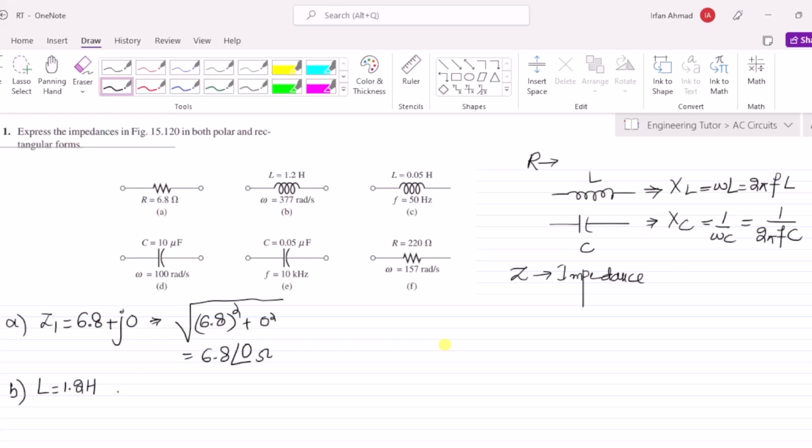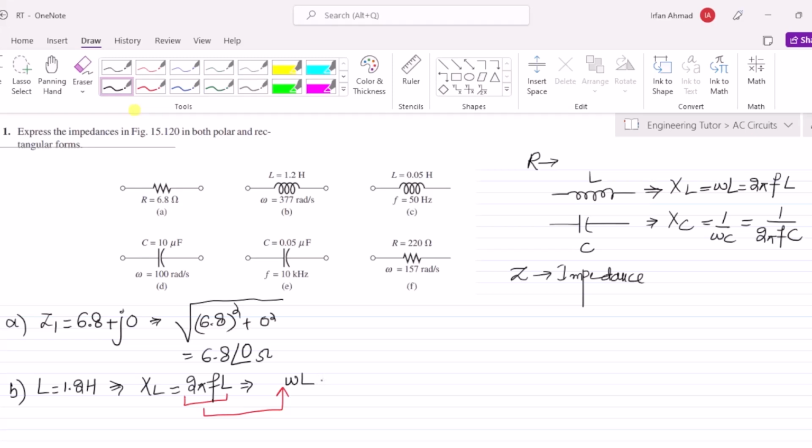Now once this 1.2 Henry is concerned, this is not the impedance here. So in order to find the impedance, I have to find the value of XL, and from this equation we have seen that the value of it is 2 pi FL, or in radians, omega L. In this circuit omega is also given, and that is 377 radians per second.